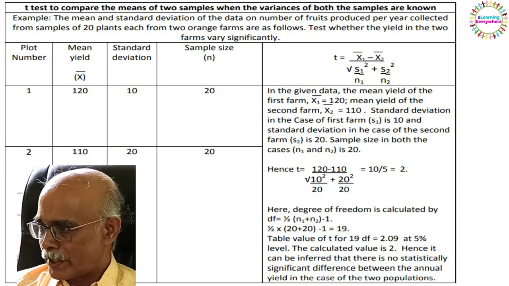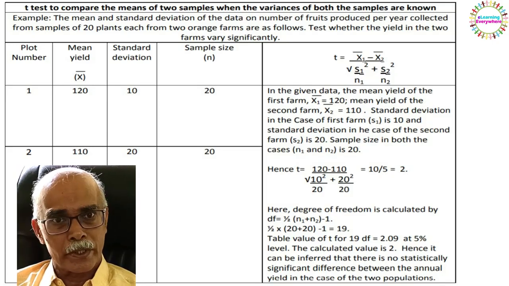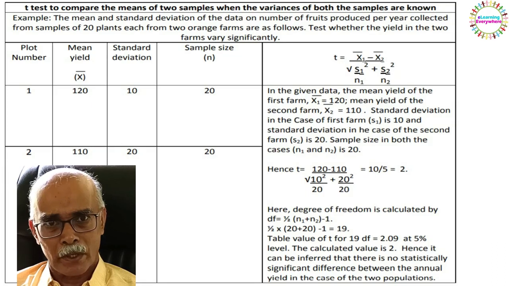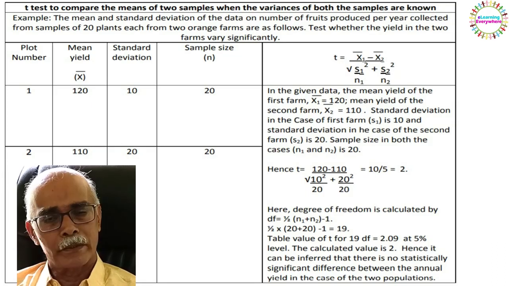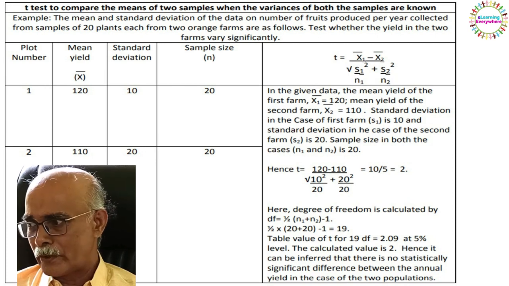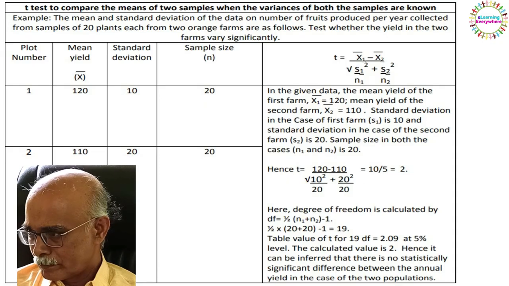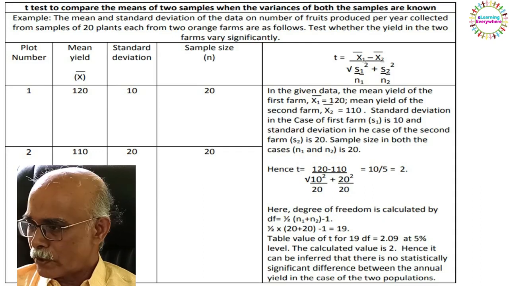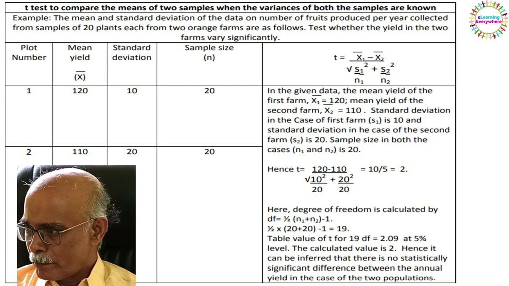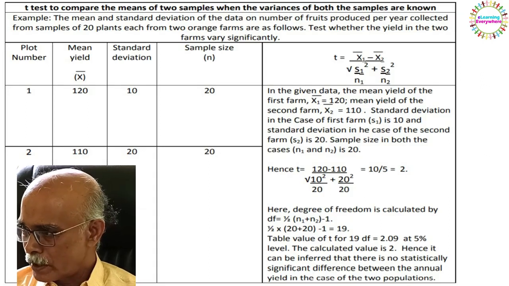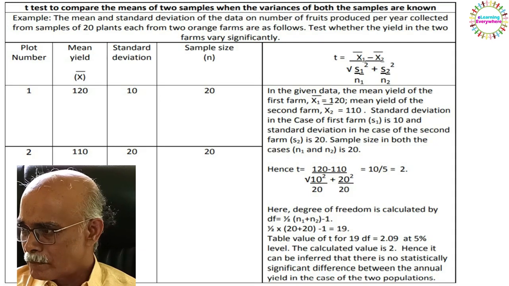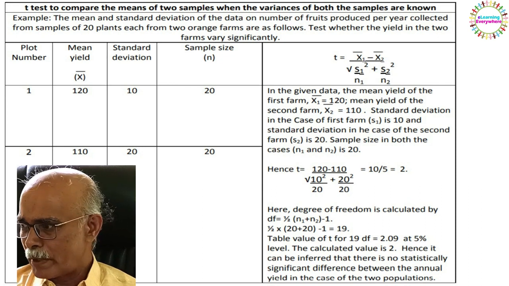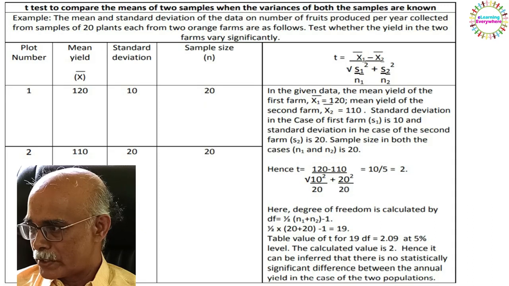So t becomes 120 minus 110 divided by the square root of the items below the line: S1 squared by N1, that is 10 squared divided by 20, plus S2 squared divided by N2, that is 20 squared divided by 20. You will get the result as 2.